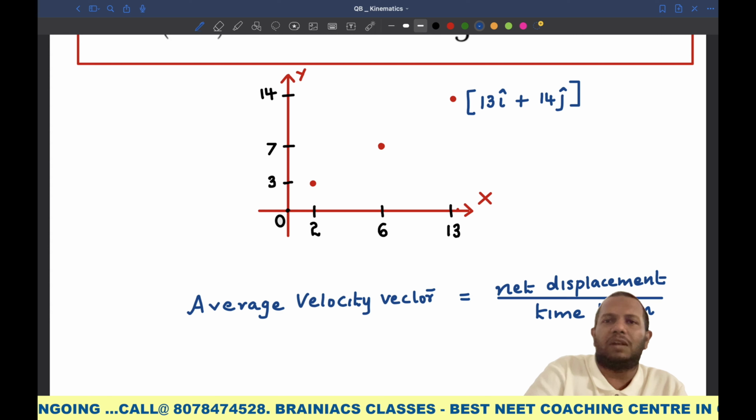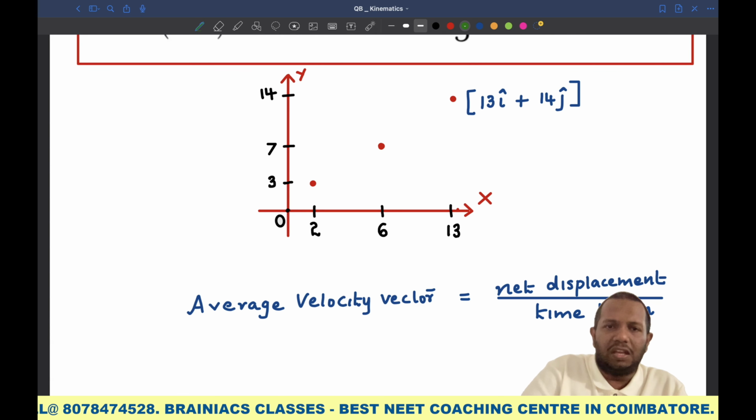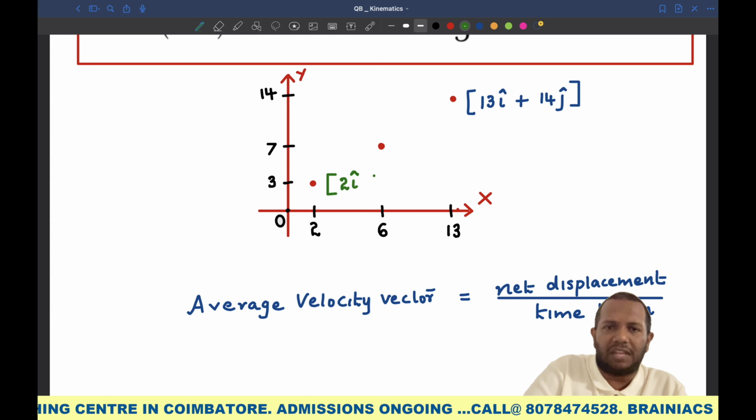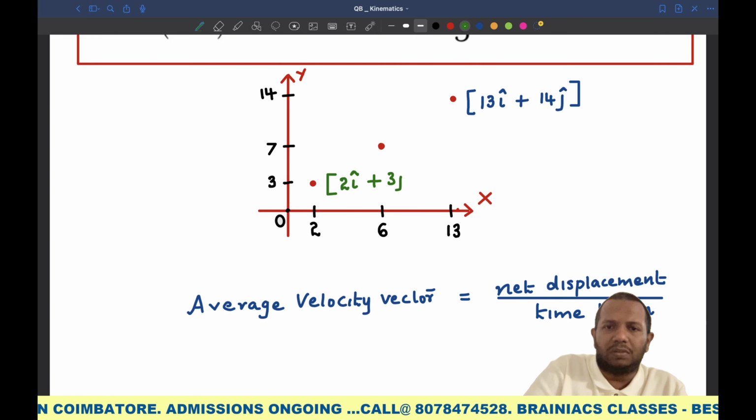And similarly, can you tell me what the initial position is? I can represent it as, the x coordinate is 2, so I will put 2i, and the y coordinate is 3, so I will put 3j. So this is my initial position.